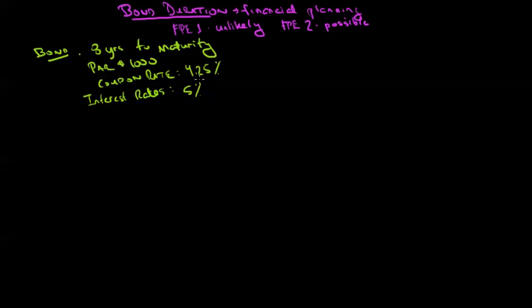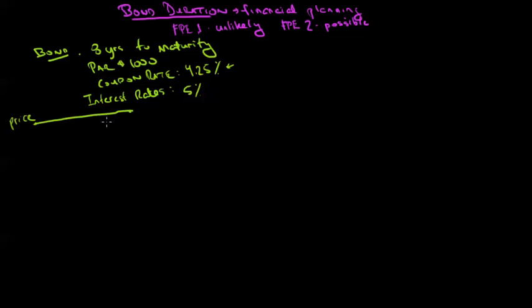So this bond we can see will be selling at a discount because it's less than the current interest rates. So we're going to calculate the price of this bond, and we can draw our line. So I know then that I'm trying to solve for the price.